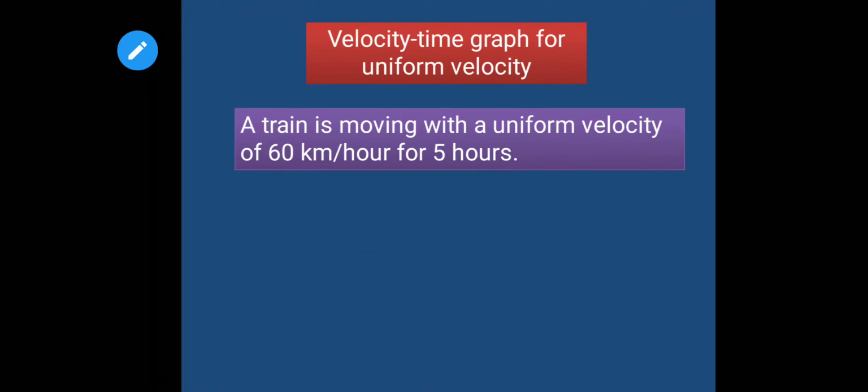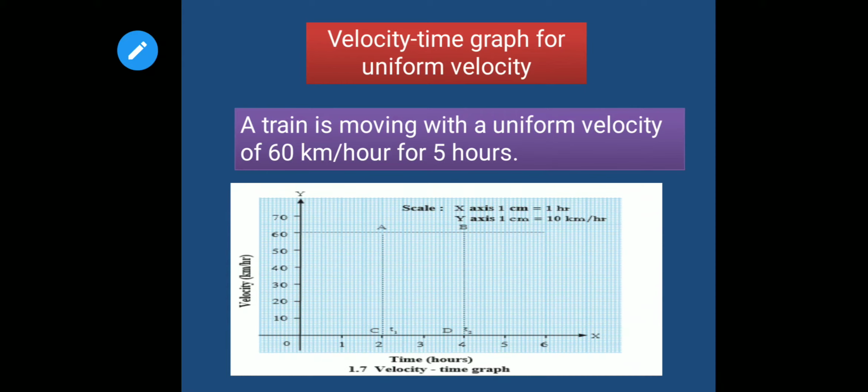The condition is a train is moving with a uniform velocity of 60 km per hour for 5 hours. Here is a graph.